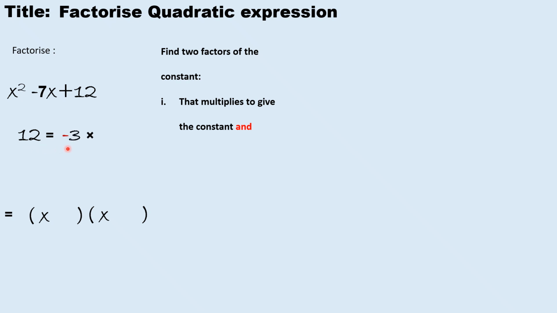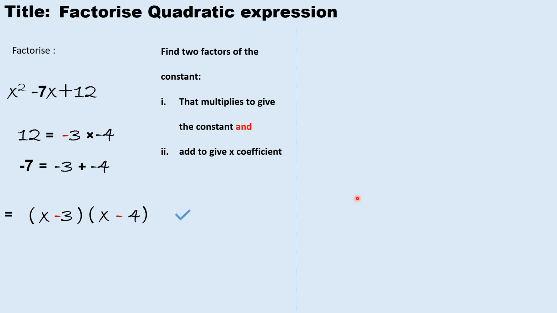Okay, so negative 3 multiplied by negative 4 will give a positive 12, because a negative multiplied by a negative will give you a positive. And also, when we add our factors, we should get the coefficient of x, that is the number multiplying our x. So let's look. Minus 3 add minus 4 is minus 7. So these are our factors, minus 3 and minus 4.